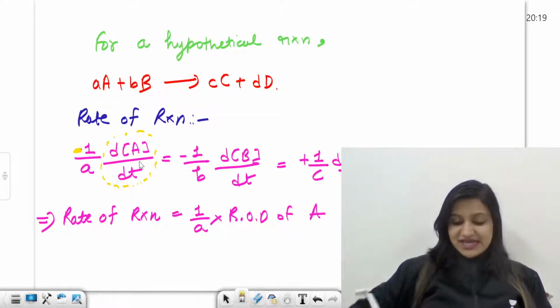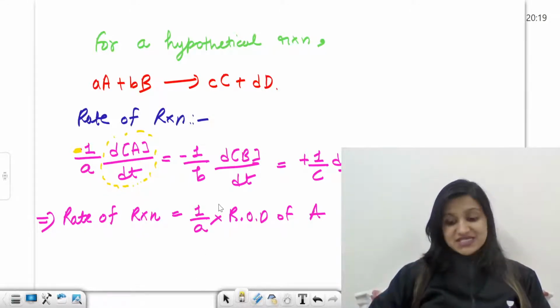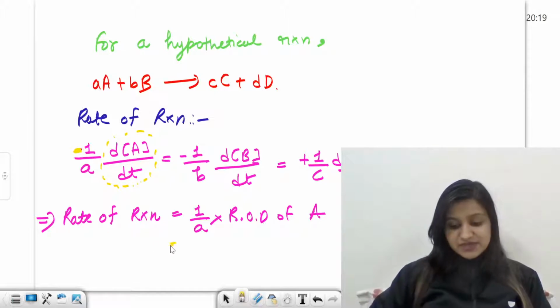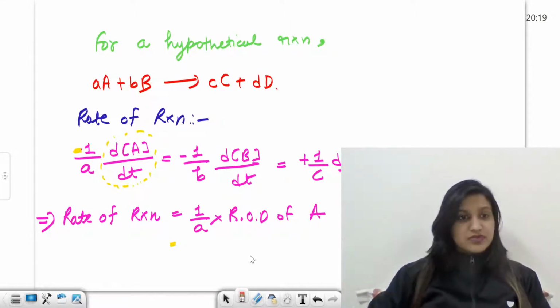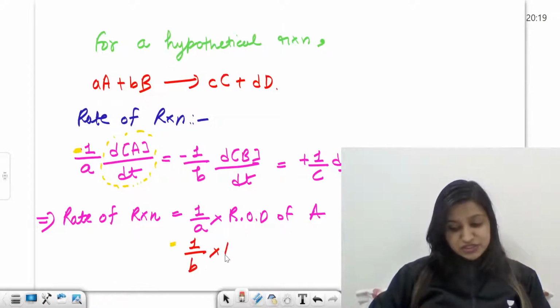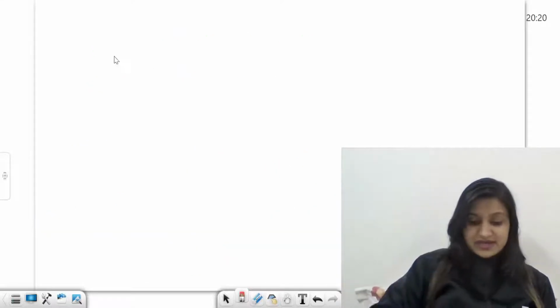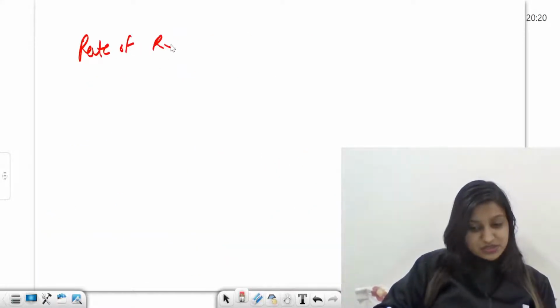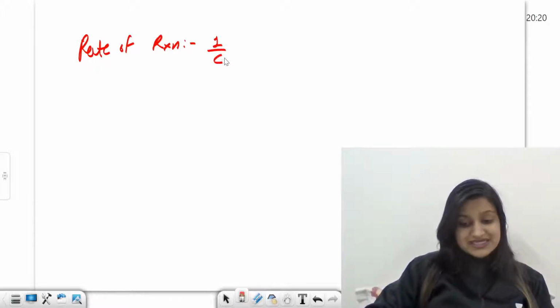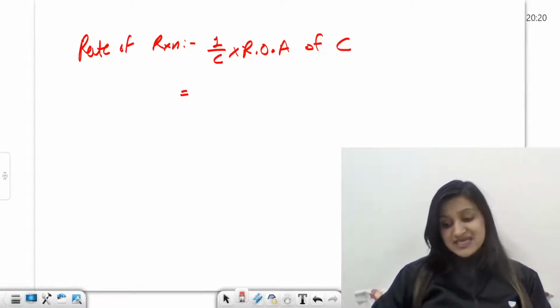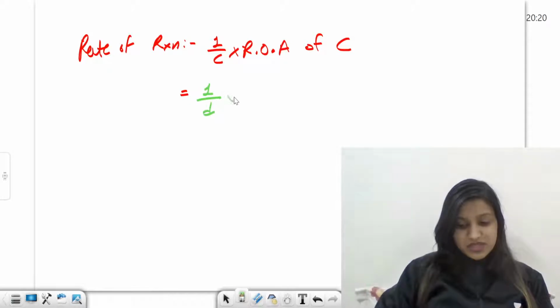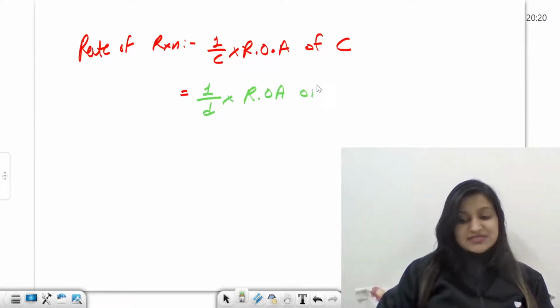So that's what we can say, that the rate of reaction can also be expressed as 1 by a into the rate of disappearance of A, or as 1 by b into the rate of disappearance of B. It can also be defined as 1 by c into the rate of appearance of C, and similarly as 1 by small d into the rate of appearance of D. Why?